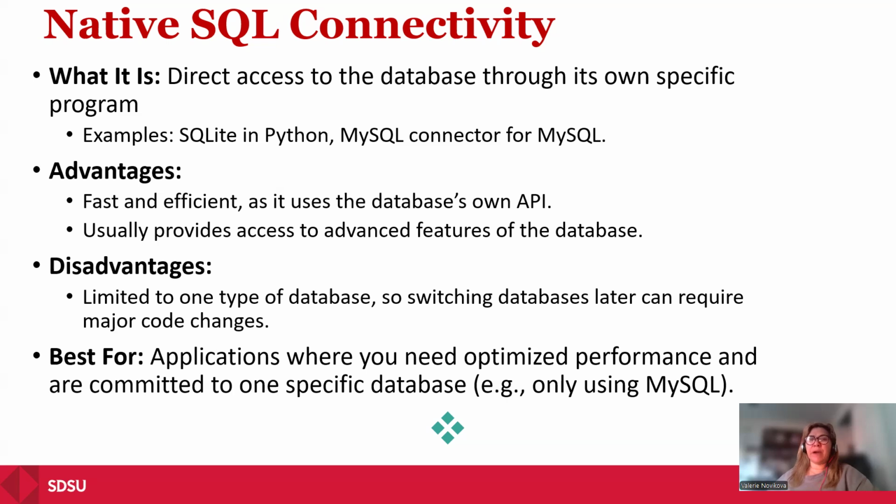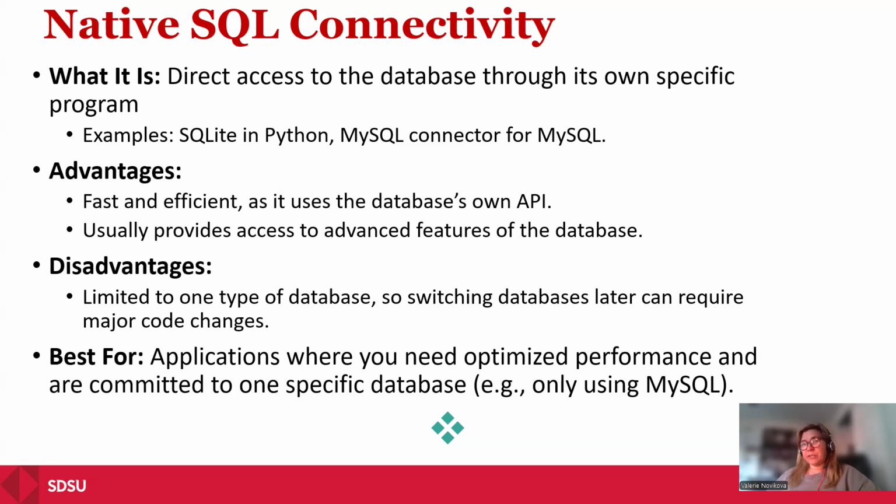We're going to talk about APIs later on, but for now, just think about certain types of procedures that are very specific to a certain database. It's very easy and efficient to use.